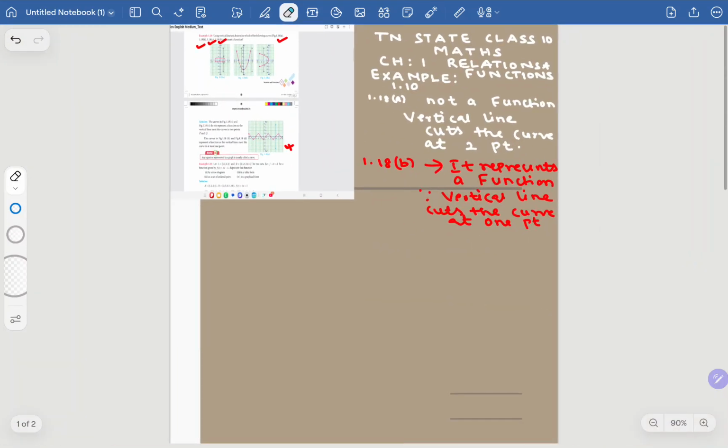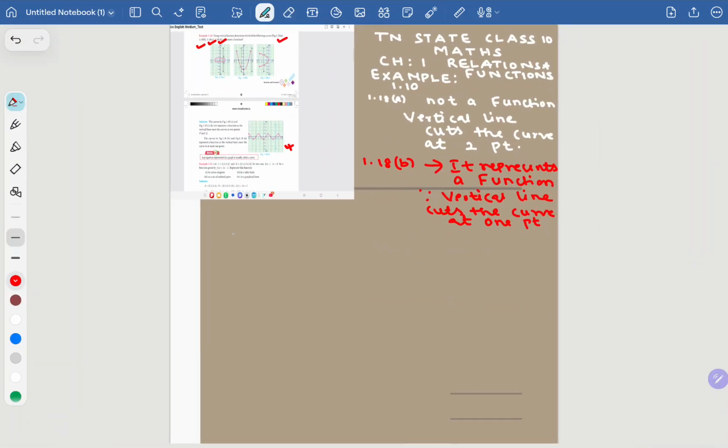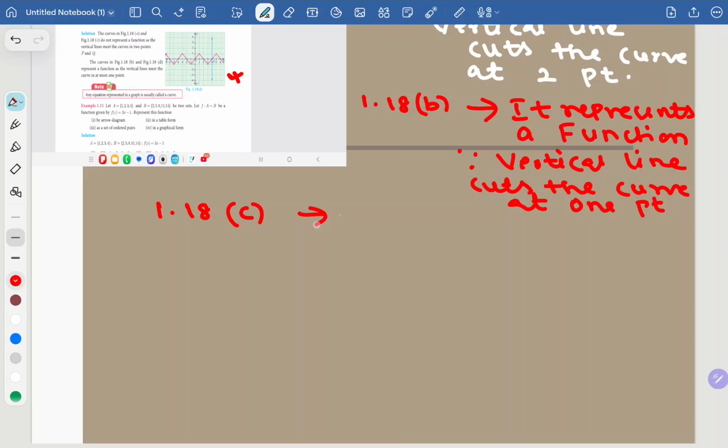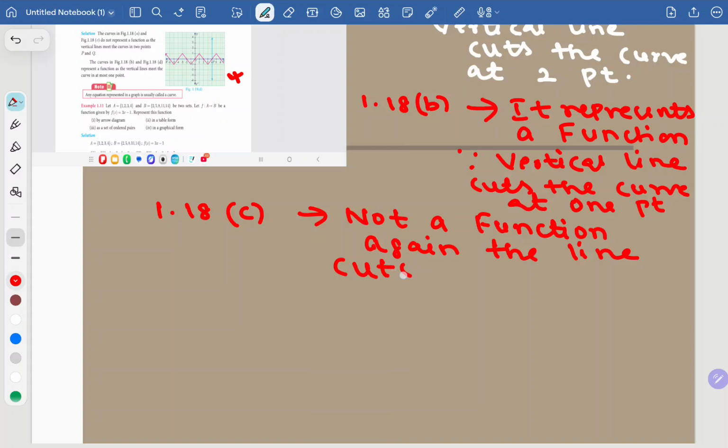That is 1.18c, not a function. Again, the line cuts the curve at 2 points.